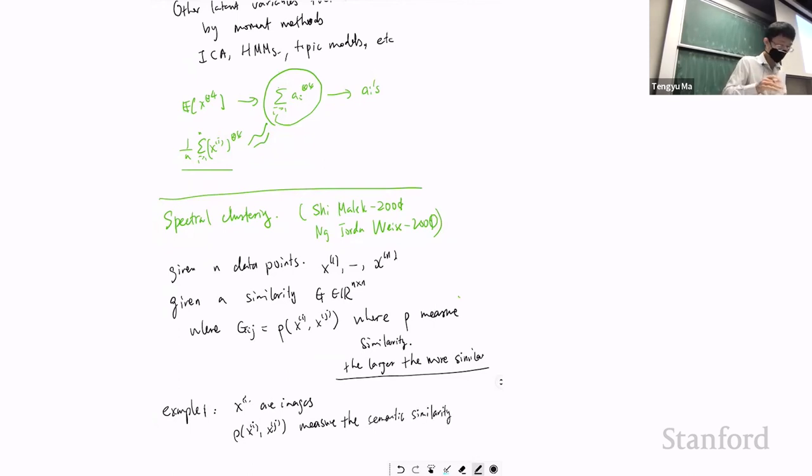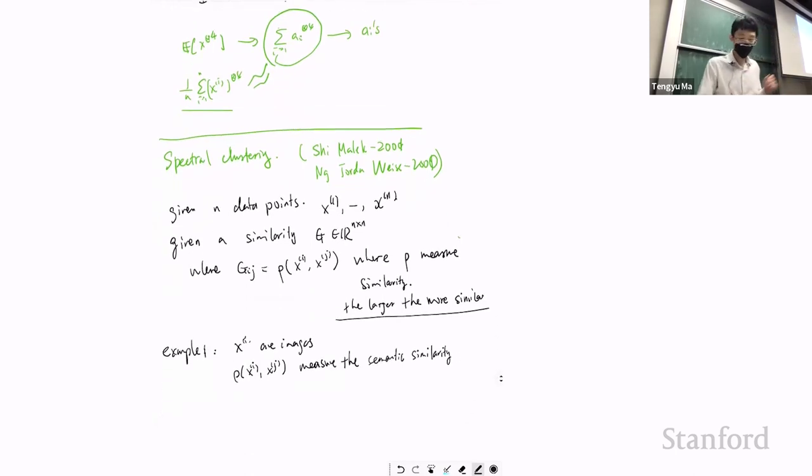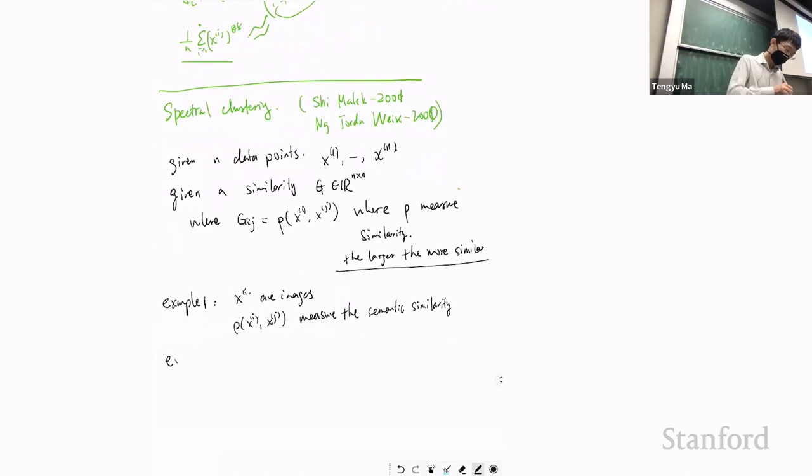How do you get this? It's a little bit tricky because typically you cannot just take the L2 norm to measure semantic similarity, because there could be two images that look pretty different but are semantically similar. But for the moment, let's assume we are given such a similarity matrix.